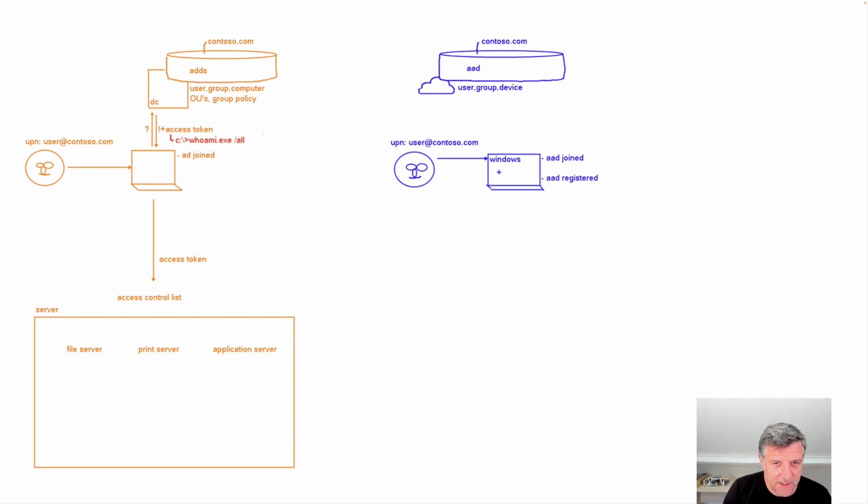However, if a user does not sign in to Windows, but just signs in to an application on Windows using an Azure Active Directory user object, then the device is going to become Azure Active Directory registered. So that's where the difference lies.